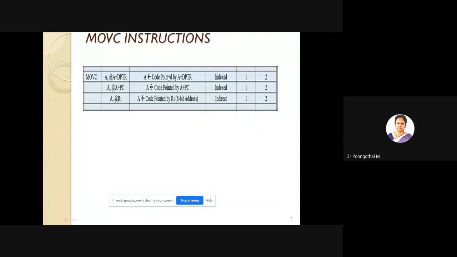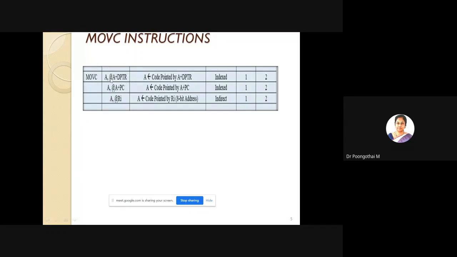MOVC, that is these instructions load the accumulator with the code byte from program memory. It's the code byte from program memory whose address is the sum of 8-bit accumulator content and content of DPTR or program counter. So this instruction I have already explained in your addressing mode, indexed addressing mode.